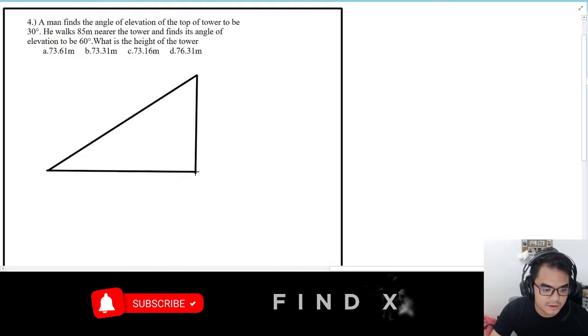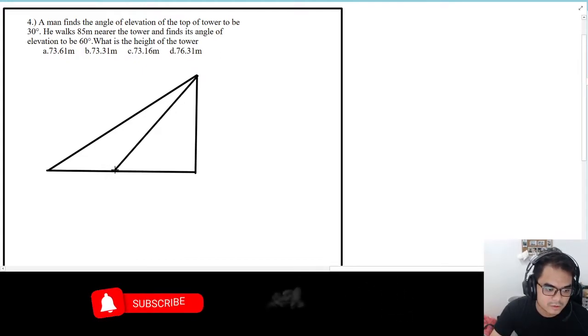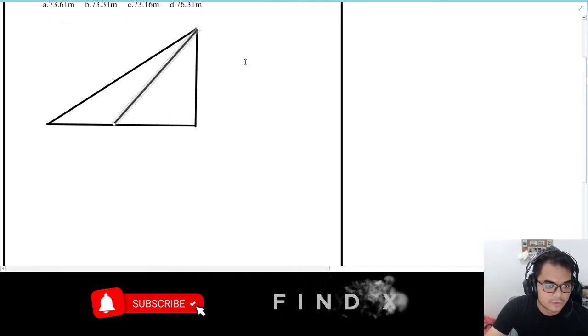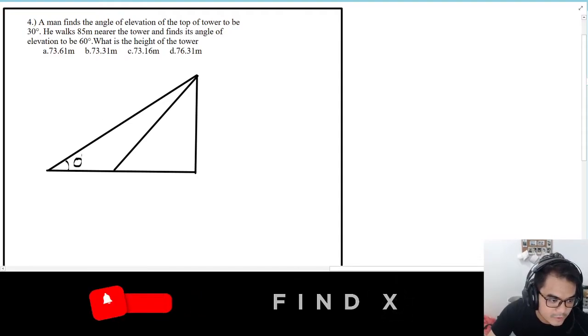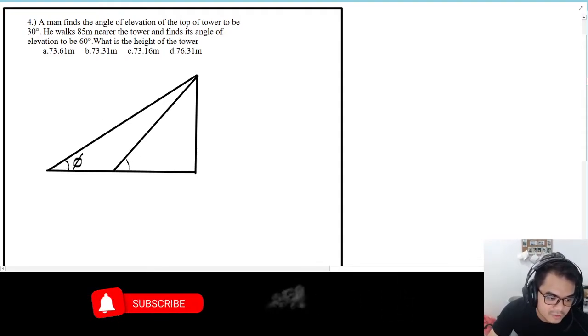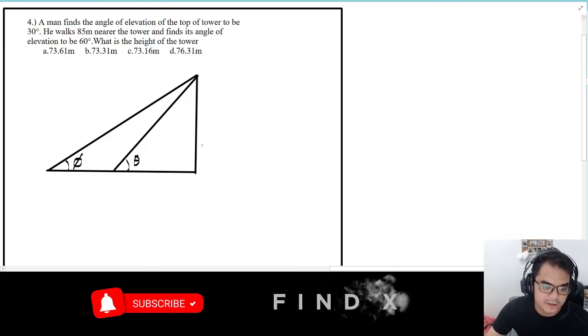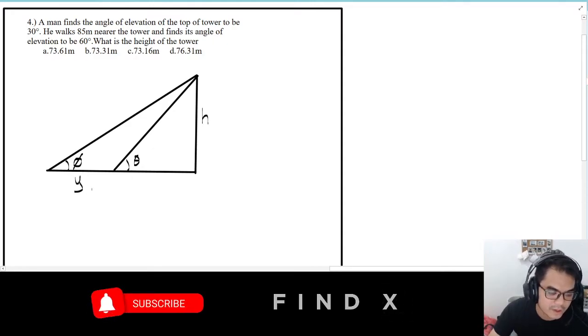So this is the triangle, right? And then you have to walk nearer. Okay. So let's say this part is your theta or phi, and this is your theta, and then this will be your h, and this is your y.